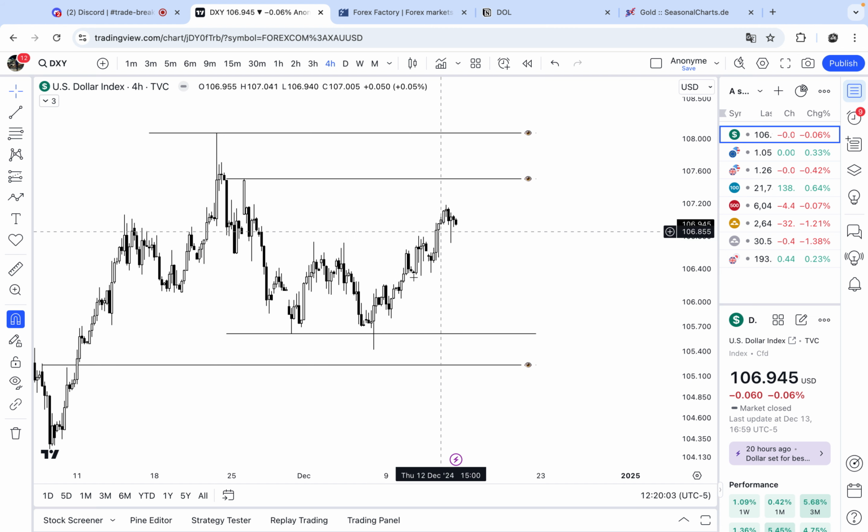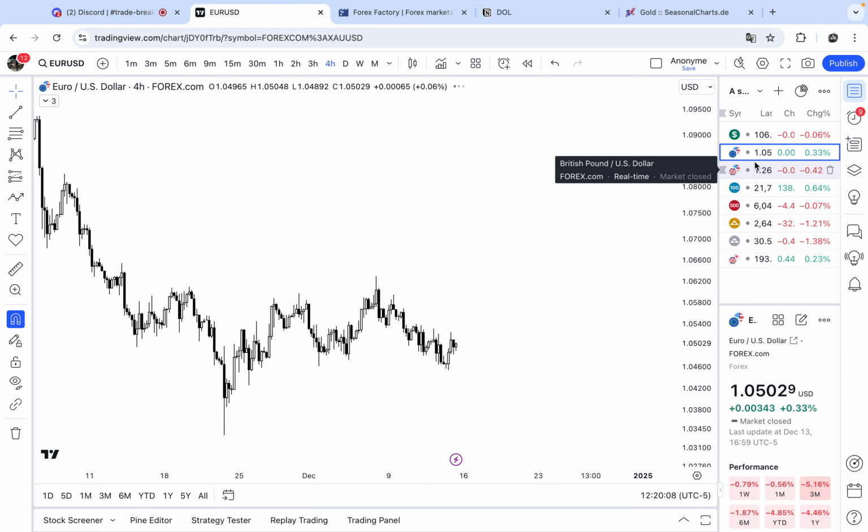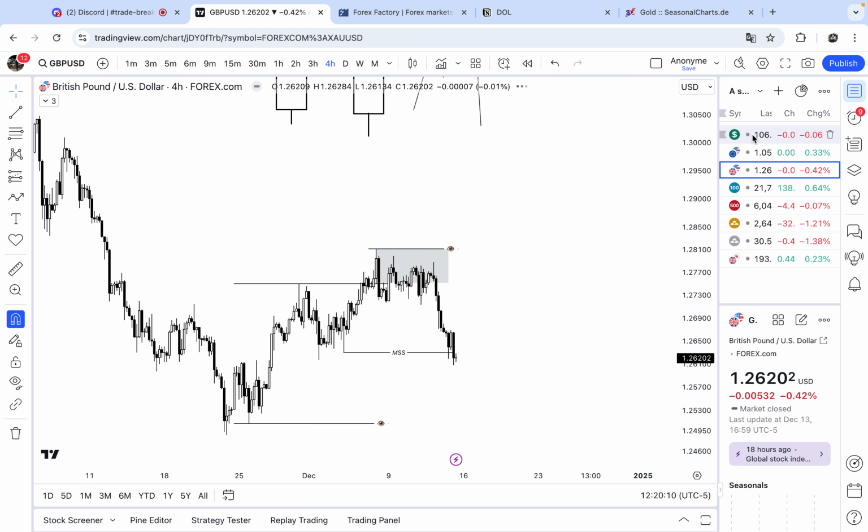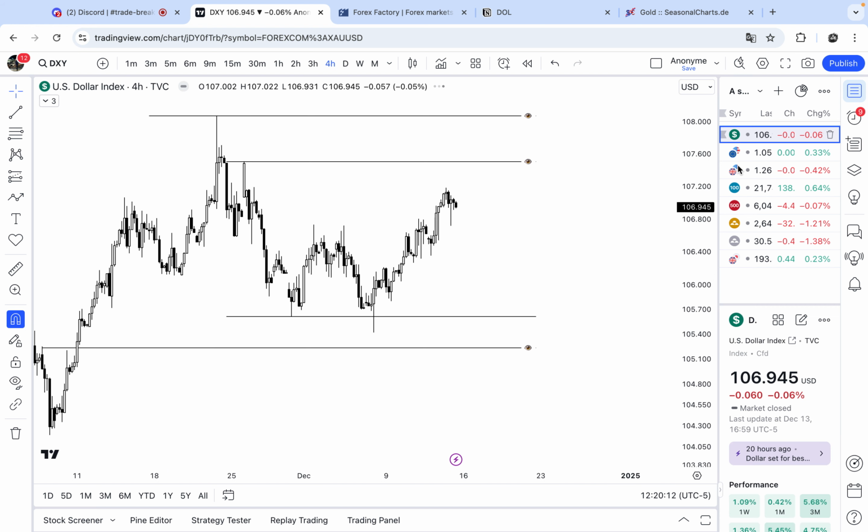That means when price goes up, Euro and GBP go down. On GBP, we saw that we are bearish. That means price on the DXY can easily go up and up and up till we reach this level, right?